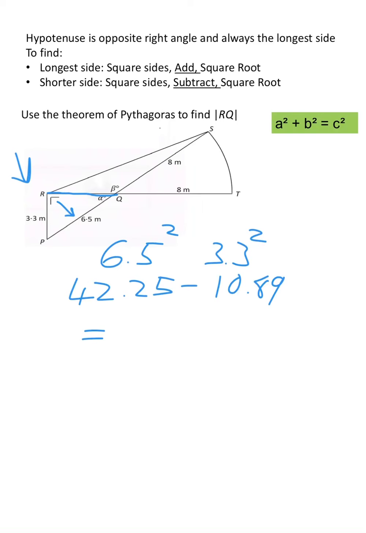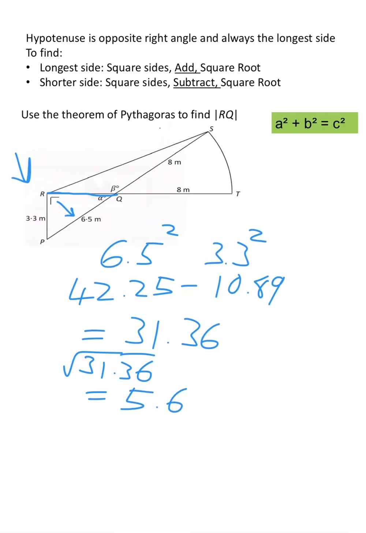And that gives us 31.36. Now remember, we need to square root this. So square root 31.36. That is equal to 5.6. So RQ is equal to 5.6. And that's our answer.